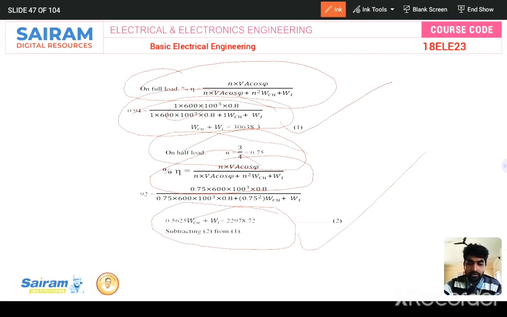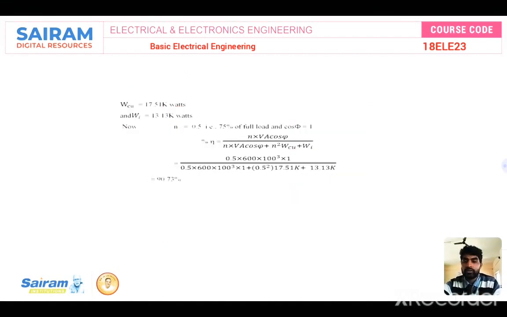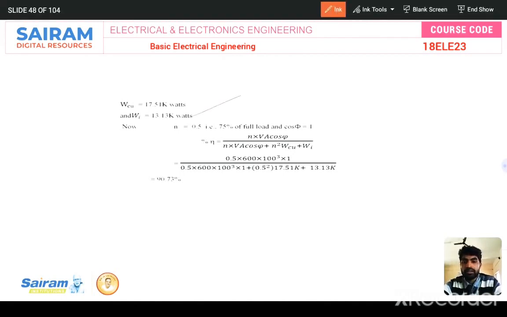By solving these two equations, equation number 1 and then equation number 2, by using Cramer's rule or by direct simplification, equation number 1 minus 2 or 1 plus 2 minus 1, you will get Wi and then WCU values. Iron loss and then copper loss we will get it. So iron loss we got 13.13 kilowatts and copper loss we got 17.51 kilowatts.